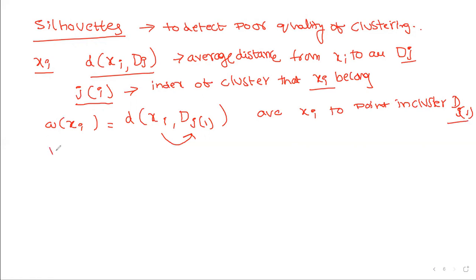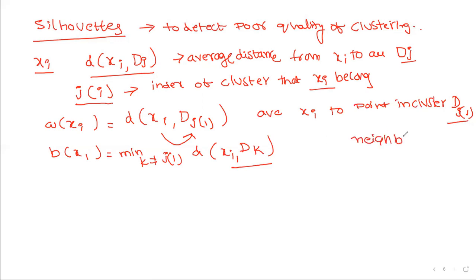So finally, one more notation is b of xi, equal to the minimum over k not equal to j of i of d of xi comma dk. What is the meaning of this one? B is the average distance to the points in the neighboring cluster. You got the point? A of xi means the average distance within the cluster.